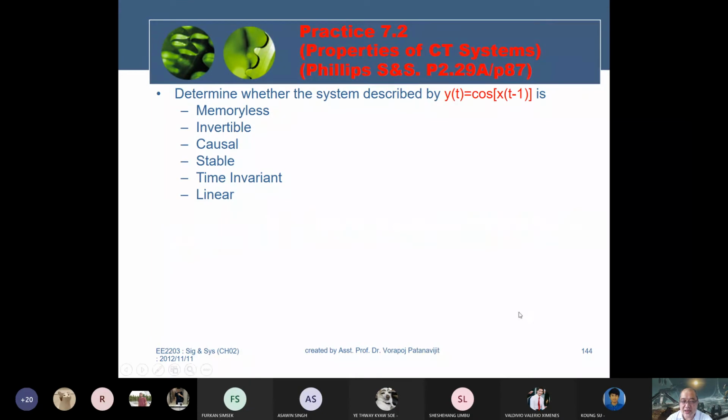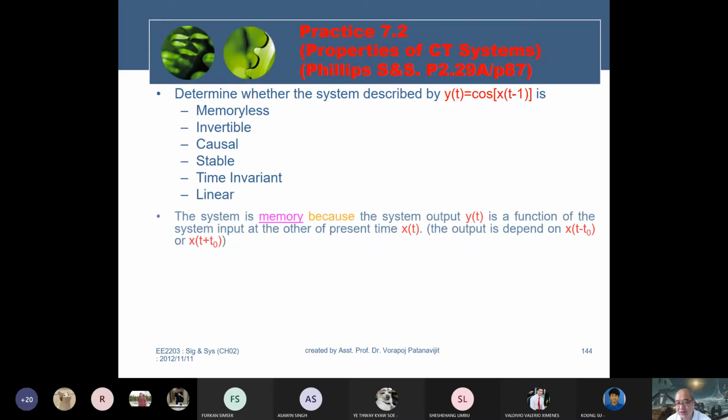Next, another example exercise: determine whether the system described by y(t) equals cos x(t minus 1) has memory or not, is invertible or not, causal or not, stable or not, time invariant or not, and linear or not. The first step: in this case, the system has memory, because y(t) depends on x(t minus t naught).